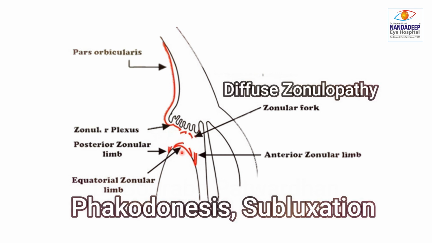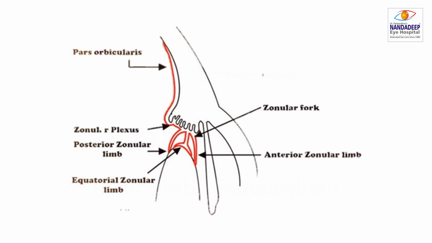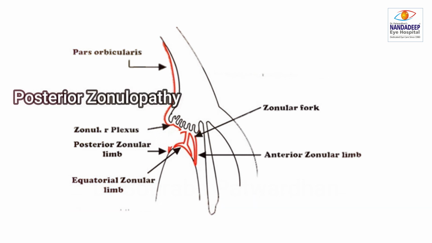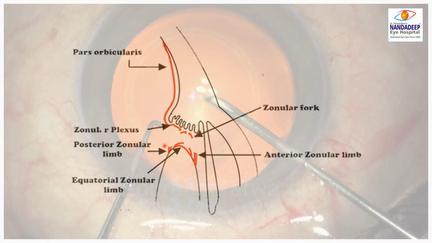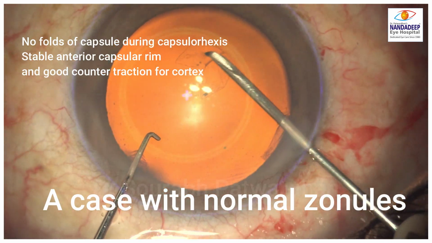In diffuse zonulopathy, there is phacodonesis and subluxation, but in case of posterior zonulopathy, where the weakness or laxity is limited to posterior zonules, it may not be evident preoperatively.